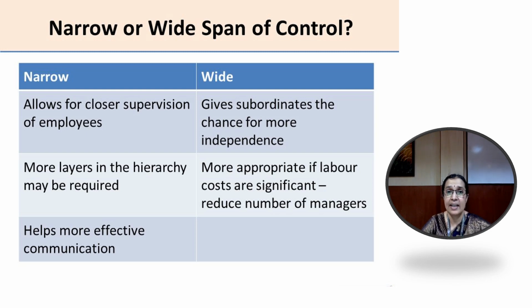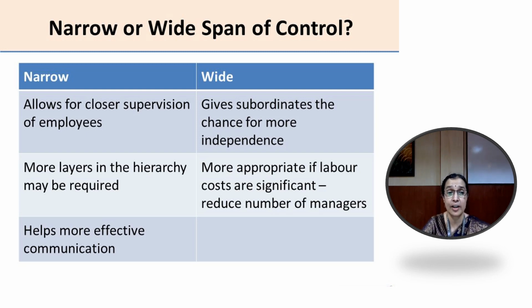In the narrow span, it all depends on the nature of the job. If the nature of the job is too complex, you cannot have more employees working under you, because you have to monitor the job quite minutely, and there is a lot of deliberation and discussion required for that particular job.